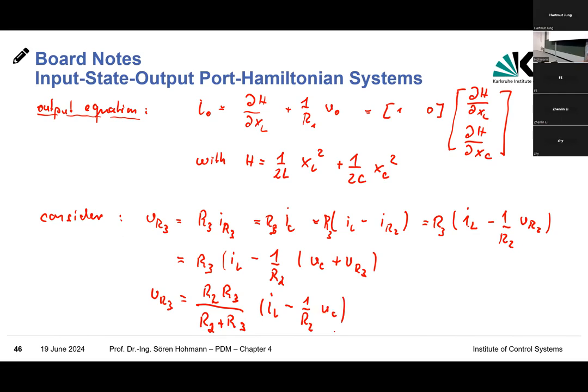Okay, so this is something we would have realized also by ourselves if we look at the parallel connection of the different branches of the circuit, and here it comes out of the equations directly.